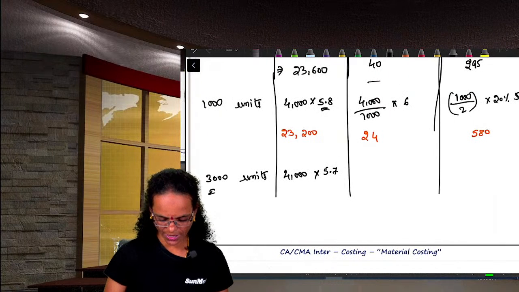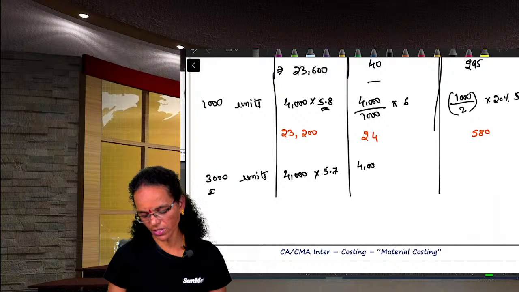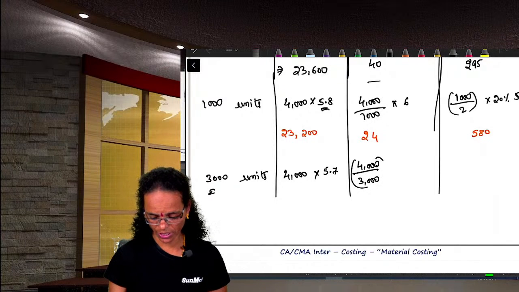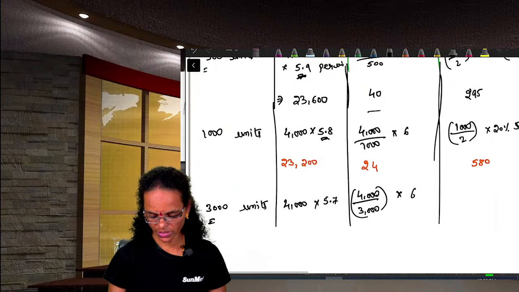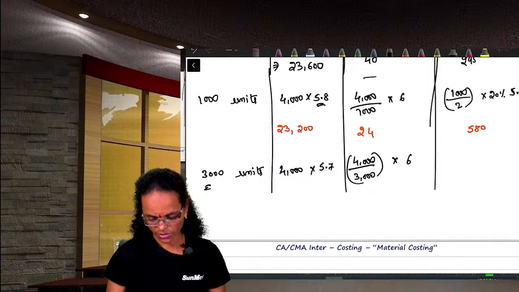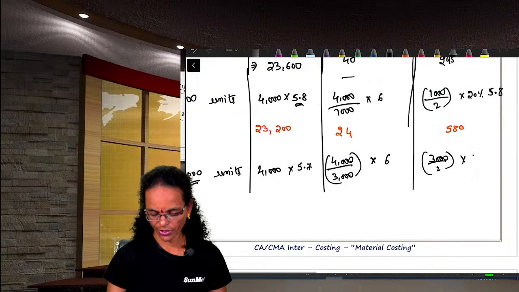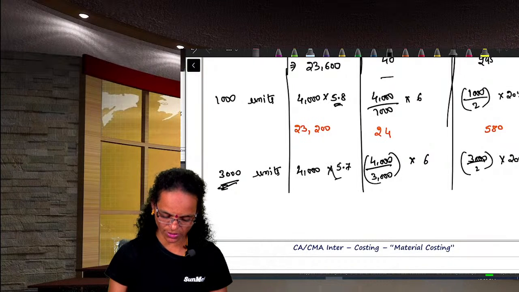Here we are carrying only 3,000. Ordering cost: 4,000 is annual demand. We are placing a request for 3,000 units in a single go into ordering cost 6 rupees, and carrying cost, we are carrying only 3,000 units divided by 2 into 20% on the cost at which we are purchasing, that is 5.7.